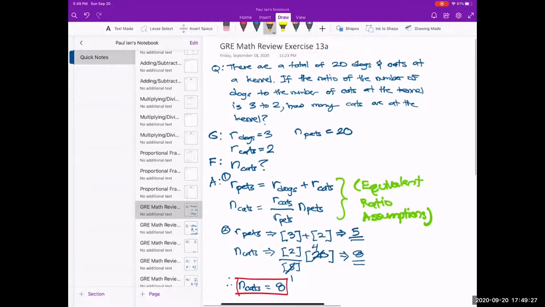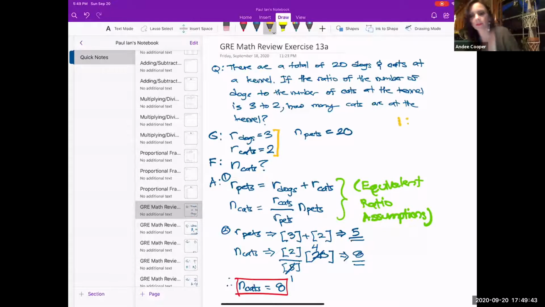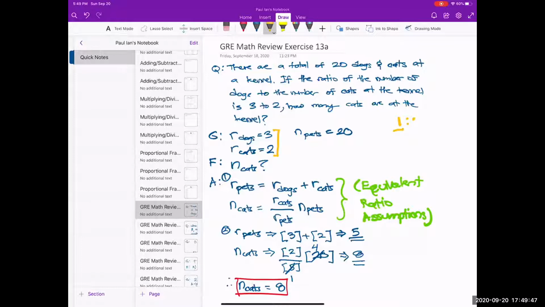Yeah, exactly. Okay, let's try these types of problems. When it gives you 3 and 2, sometimes when you're doing a ratio, the ratio can be a partial.